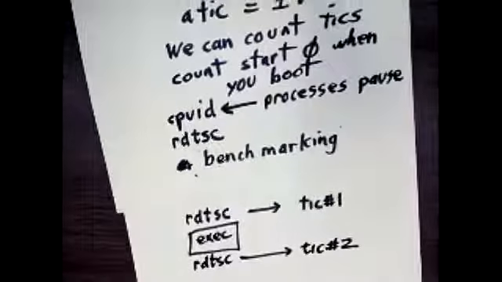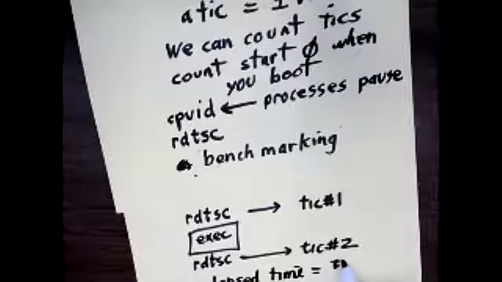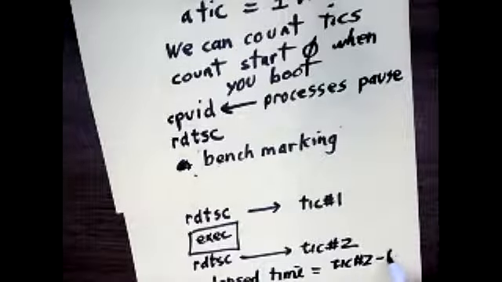And then we subtract them and we have elapsed time, T, equals ticks number two minus ticks number one. Okay, there's your elapsed time measured in ticks.